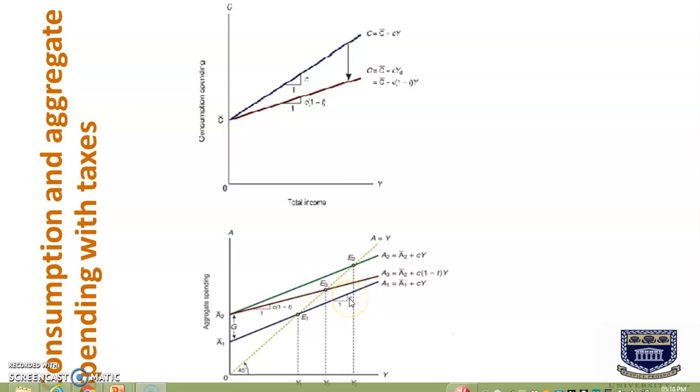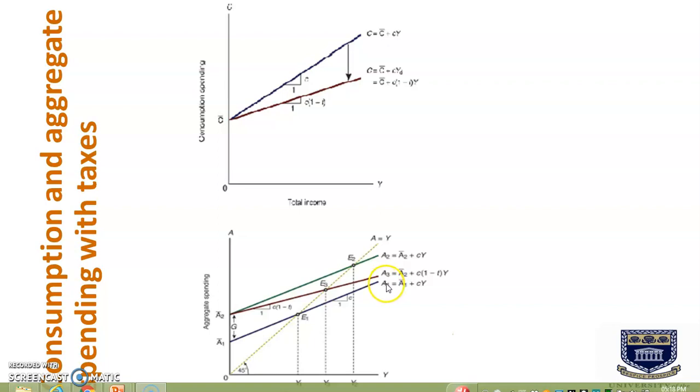The initial equilibrium of this function is given by E1, and at this point, the equilibrium level of income is Y1. Right? So this is our initial aggregate spending function before the inclusion of government spending as well as taxes.